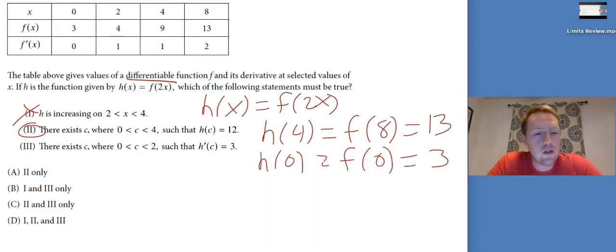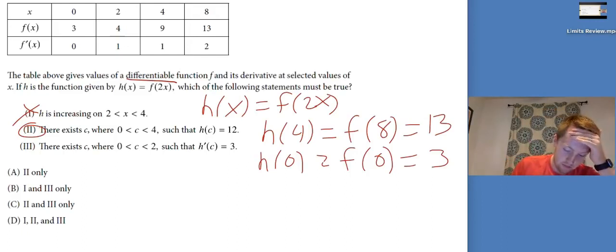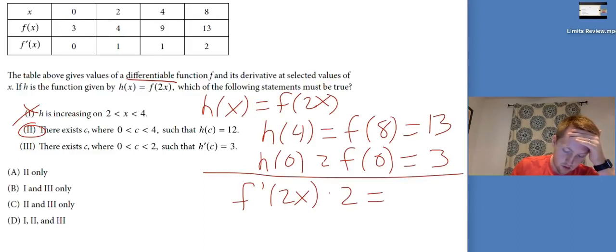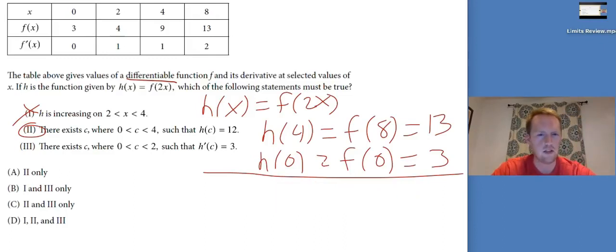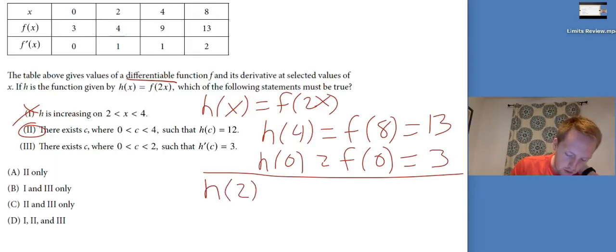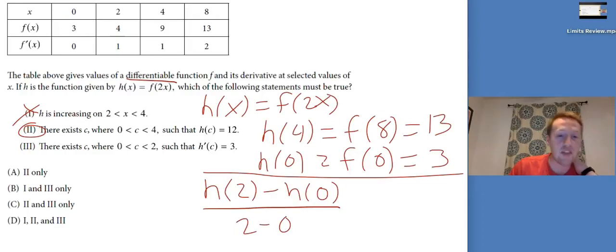Last thing, there exists c where 0 is less than c is less than 2 such that h prime of c equals 3. Well, if h prime of c equals 3, that means that f prime... Sorry, I erased that because I shouldn't have said that. We don't need that. What we need to do is show that h of 2 minus h of 0 over 2 minus 0 is in fact 3.